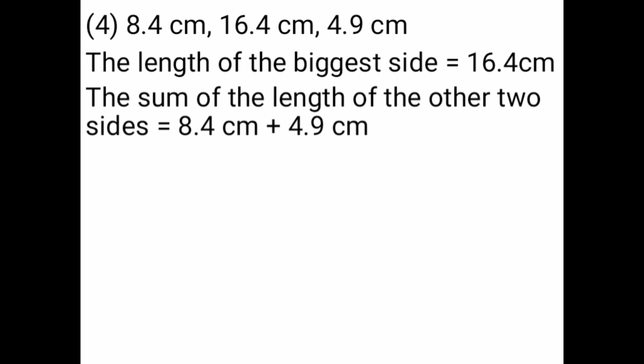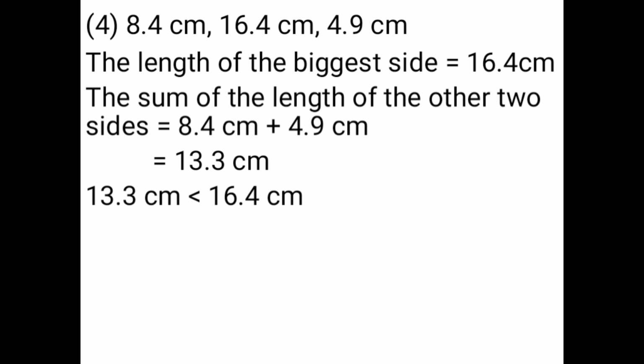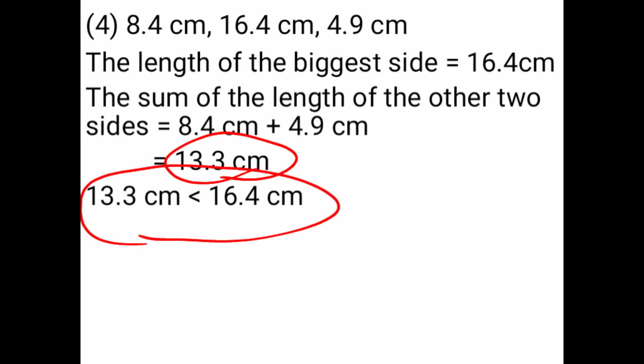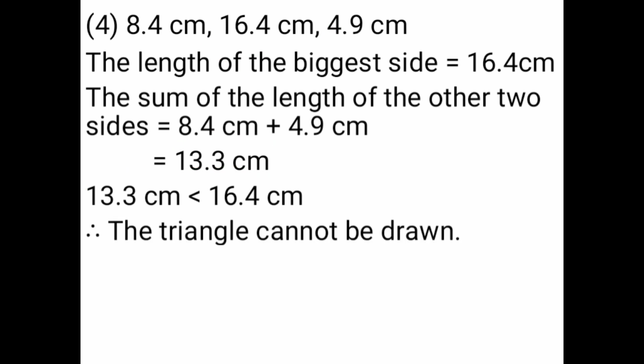How much are we getting? The decimal point you put only after getting the answer. The answer is 13.3 centimeter when you carry out the addition. After adding these two smaller numbers, 13.3 centimeter is smaller than 16.4 centimeter. Therefore, the triangle cannot be drawn.